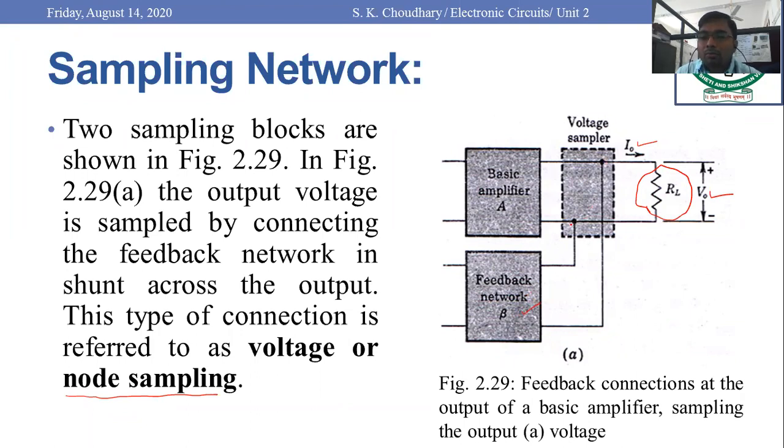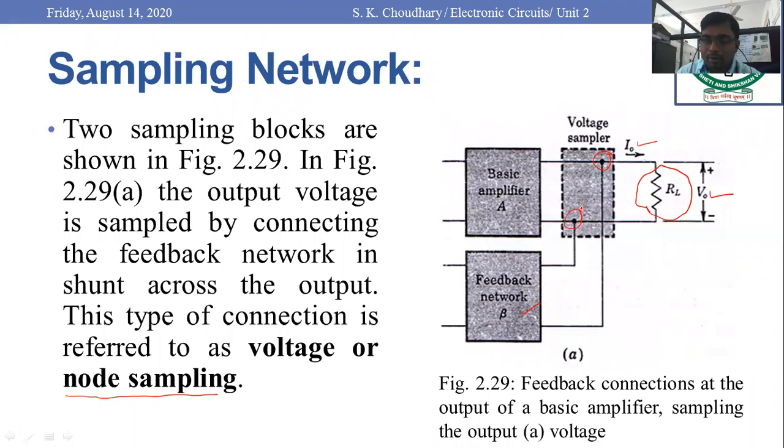Now we have to see how to perform this voltage sampling. To sample the output voltage, what do we have to do? We have to connect the port of the feedback network in parallel to the output network. One of the ports is connected to this lower end, another is connected to this upper end.